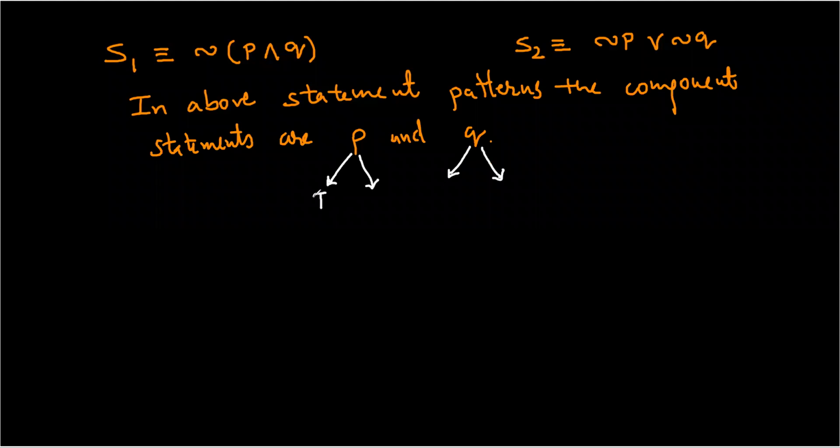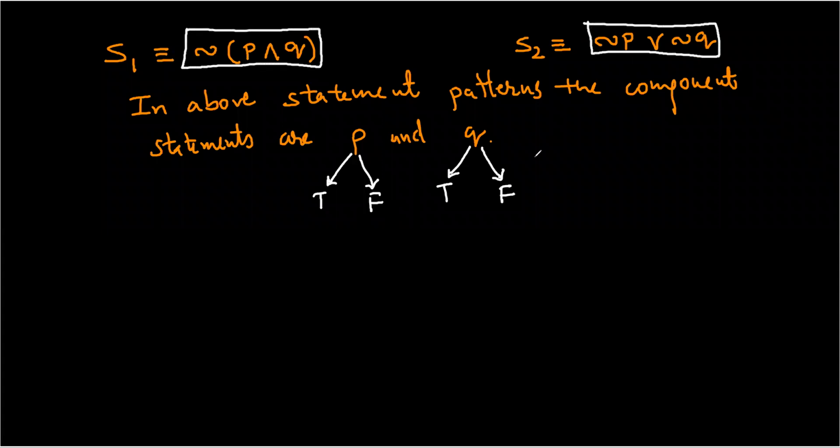P will be either true or false, and Q also will be either true or false. When you decide the truth values of these two component statements, for those given truth values you will find the truth value of statement pattern S1 and the truth value of statement pattern S2.